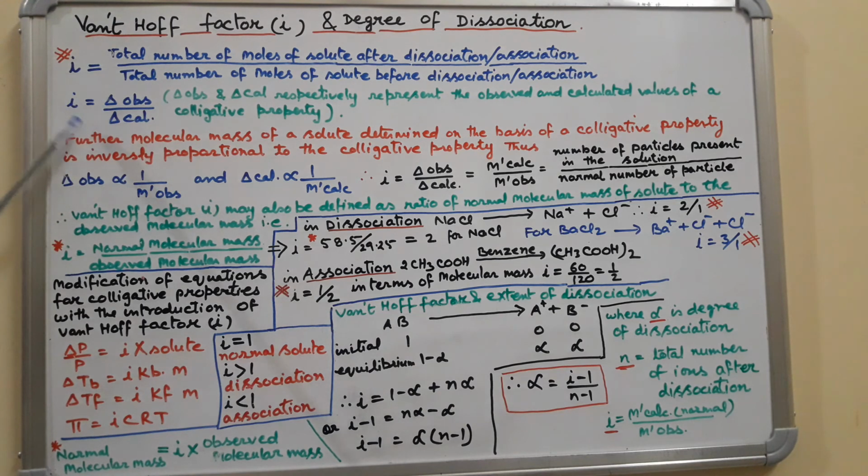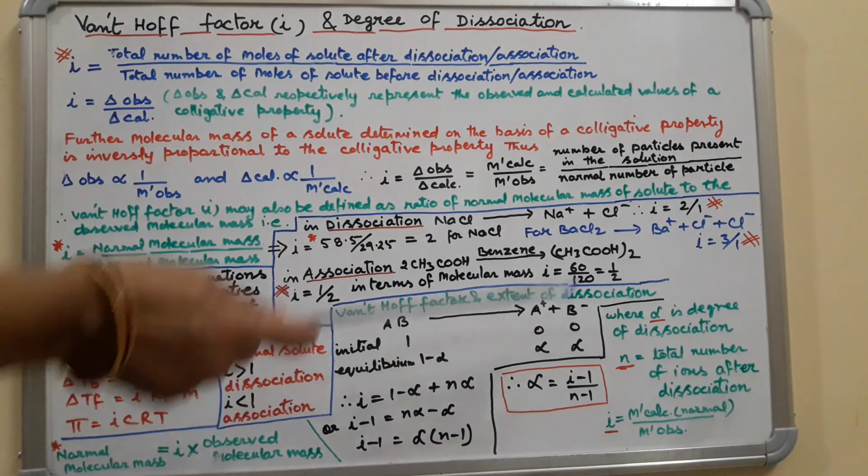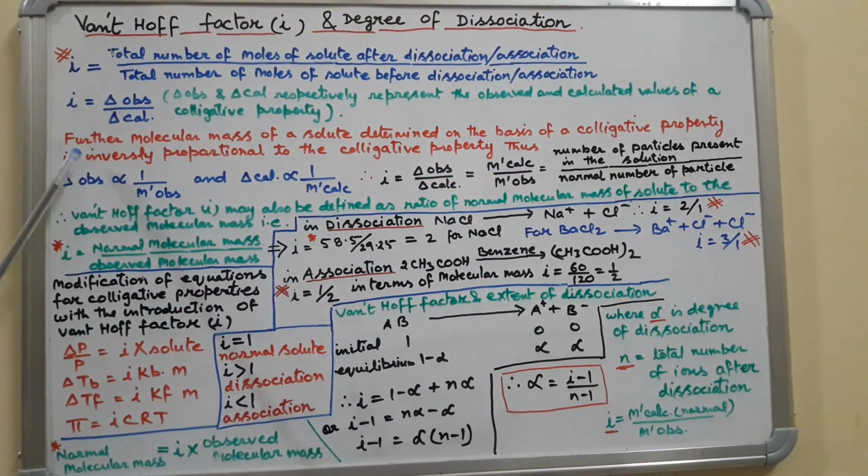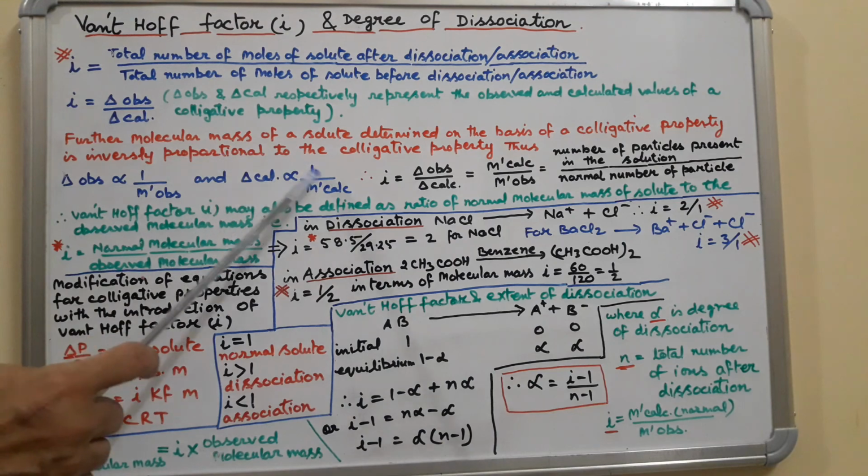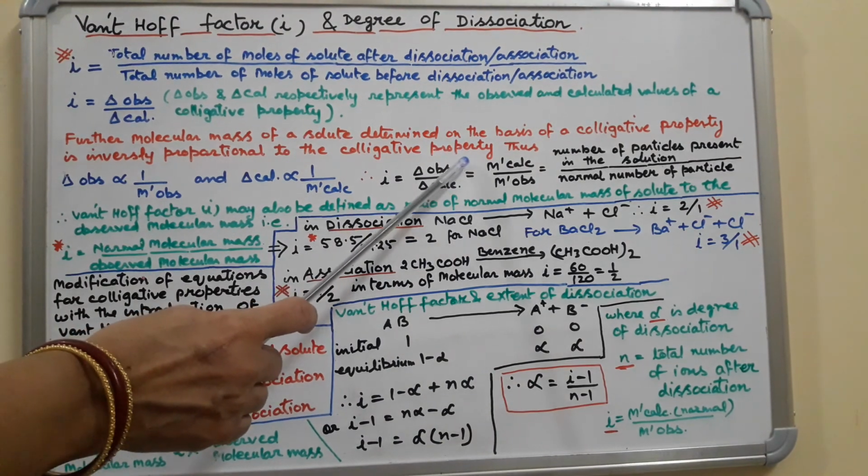Now it can be represented in this manner. This i factor is equal to colligative property observed upon colligative property calculated. This calculated is for the normal colligative property. Now further, the molecular mass of a solute determined on the basis of a colligative property is inversely proportional to the colligative property.